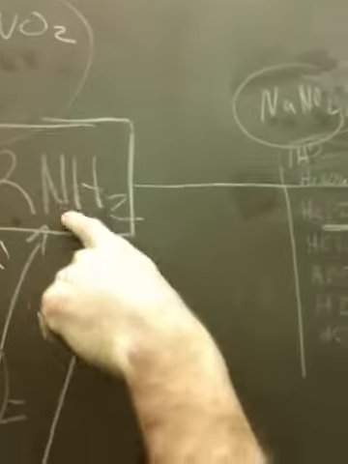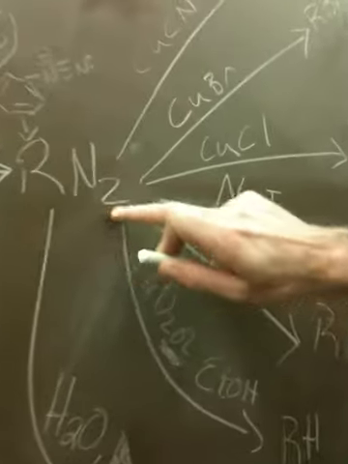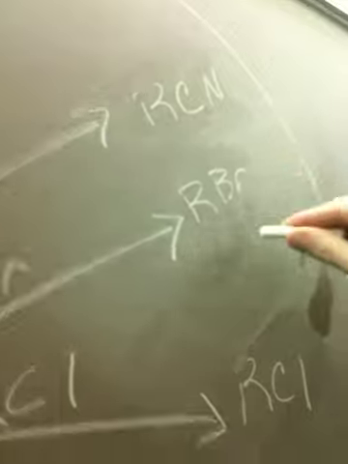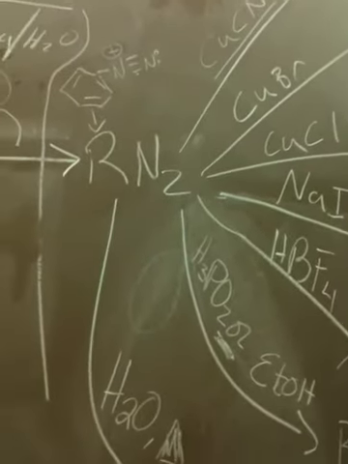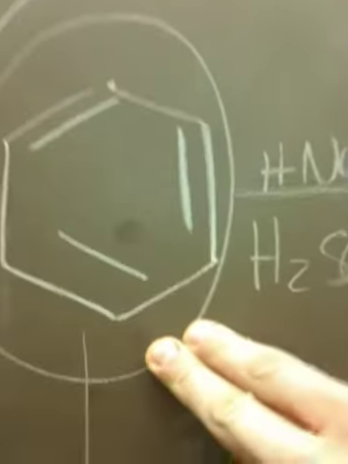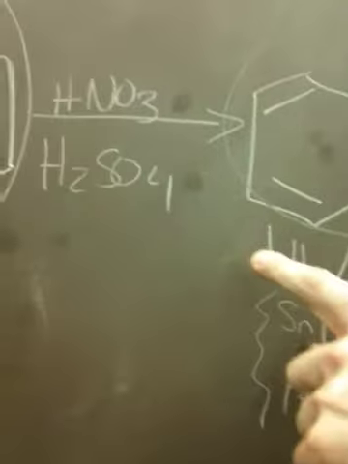From your RNH2 reacted with this, you can go to any one of these that I have listed here, and these right here are the reagents to get there. So just to recap real fast, you started out with this benzene, and you got here with the nitration.